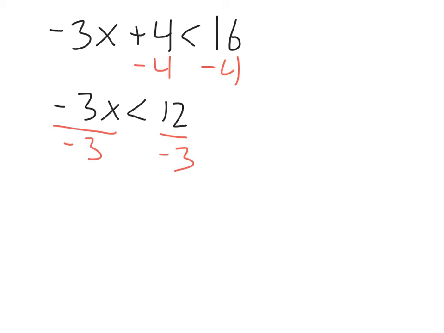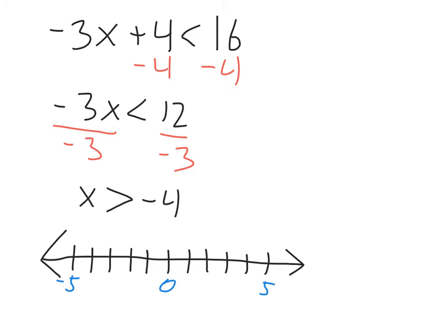This is where the change comes in. We divided both sides of the inequality by a negative number. So that means we need to switch this sign. So we get x is greater than 12 divided by negative 3, which is negative 4. And now we graph.